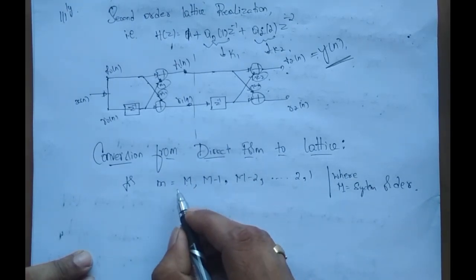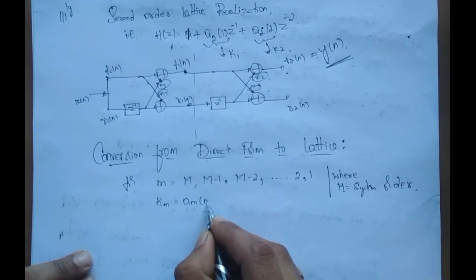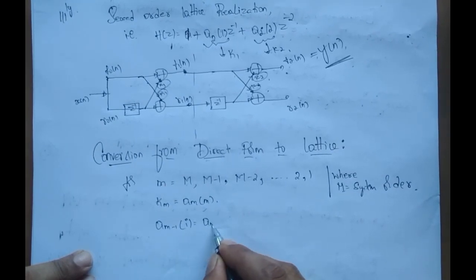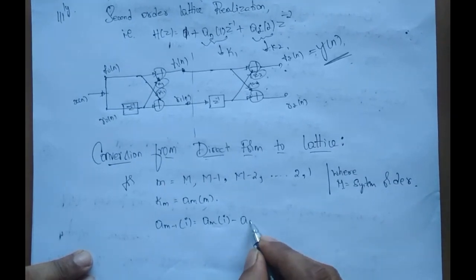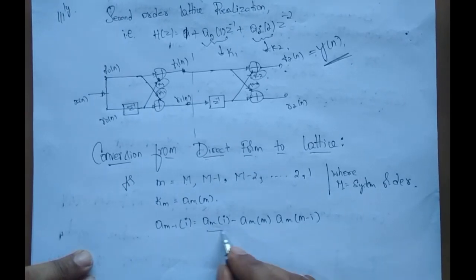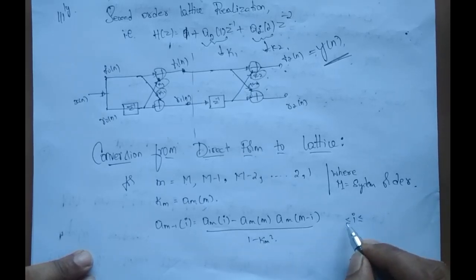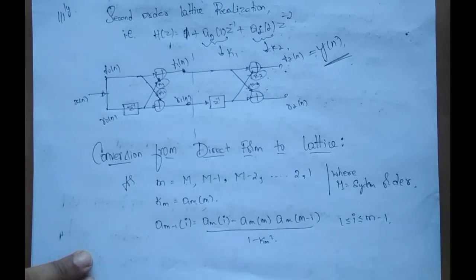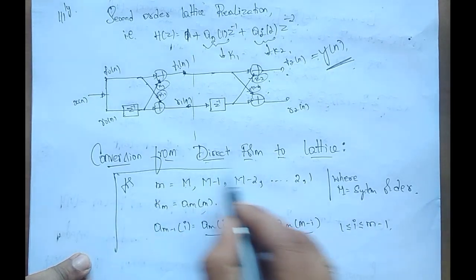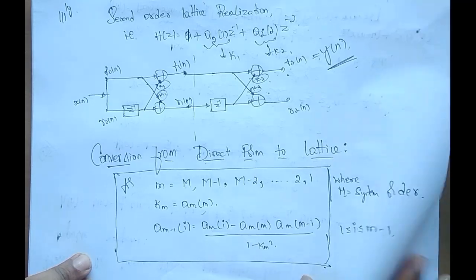For every value of m, we have to do km is equal to am of m, and am minus 1 of i is equal to am of i minus am of m into am of m minus i, whole divided by 1 minus km square, where i is taking the value between 1 to m minus 1. Okay, so this is the formula to convert a system from direct form to lattice.